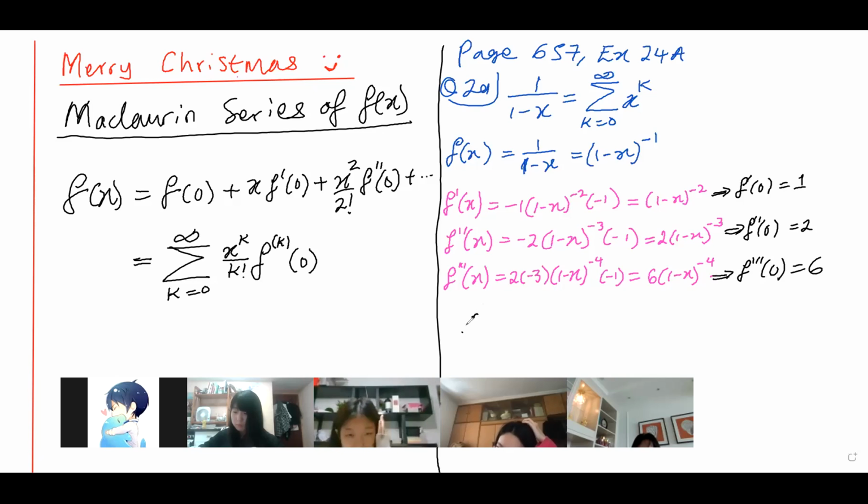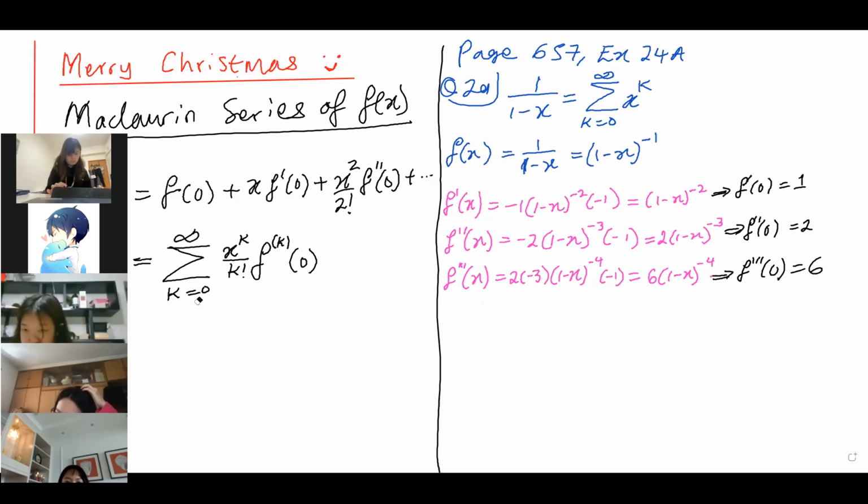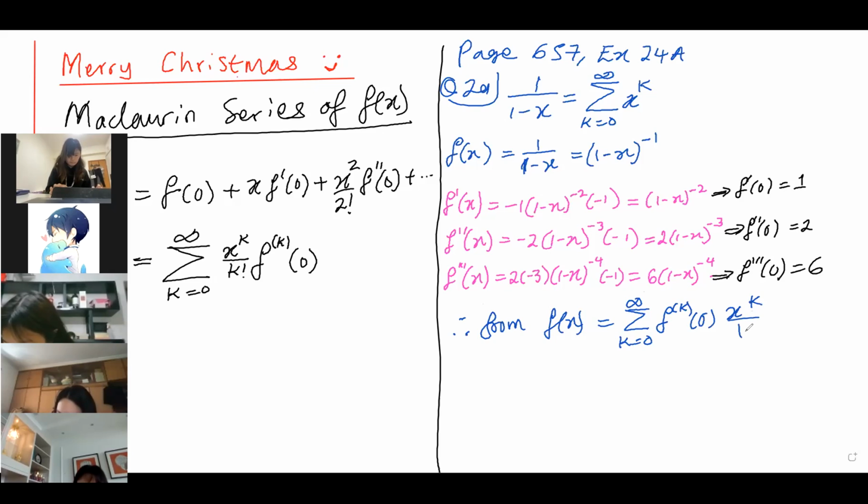So therefore, by the Maclaurin series expansion formula, f of x equals the summation of f to the kth derivative at 0, k starting from 0 till infinity, x raised to power k over k factorial. It doesn't matter which of these comes first.